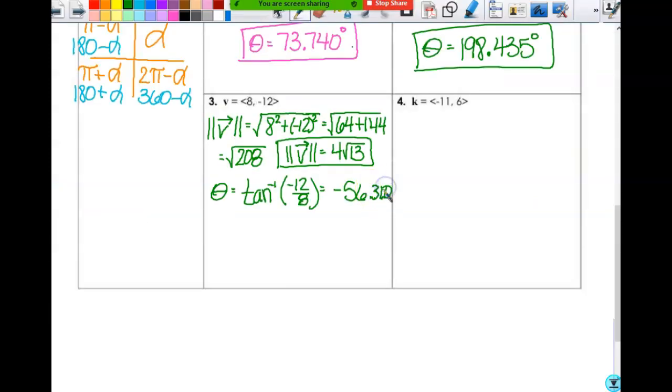But I don't want a negative angle. Given this right here, which quadrant is my angle supposed to be in? 4, okay? It should be in quadrant 4. This actually is in quadrant 4, but it's the negative version. I want the positive version. So all I have to do is add 360 to that.